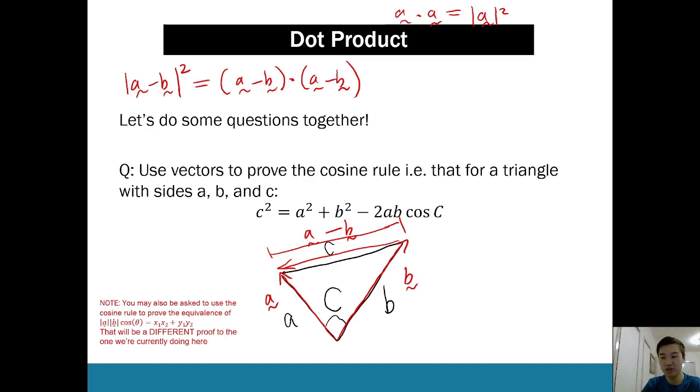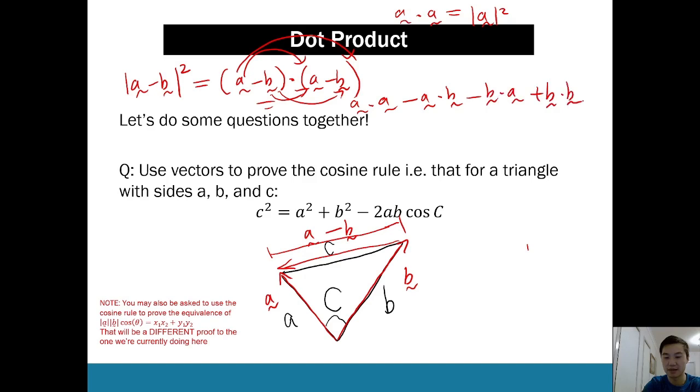And now we can use the distributive law to expand the brackets here, like we do normally with multiplication. So this will be the dot product of a with a, minus the dot product of a with b, minus the dot product of b with a, plus the dot product of b with b. And this will give me the magnitude of a squared.